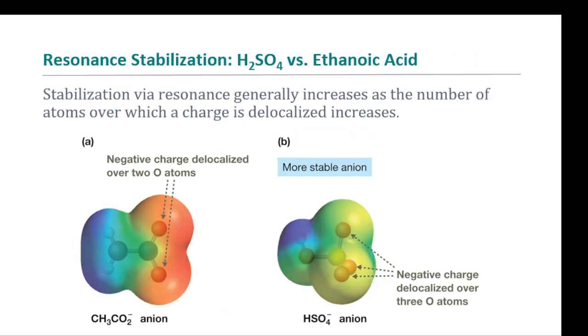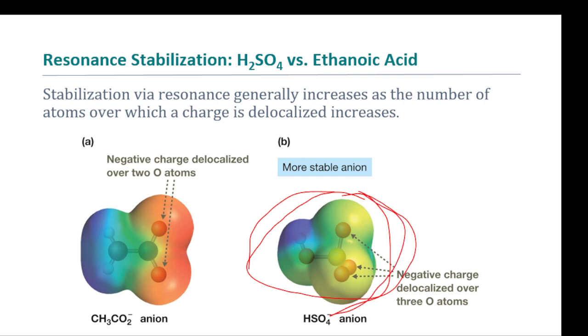And here we see some different examples. Right here we have the HSO4 minus anion. Does anybody know what this is when it has all its hydrogens on it? It's sulfuric acid. Sulfuric acid is a strong acid. It's one of the 7 strong acids. This is why sulfuric acid is so strong: it will share that negative charge among those 3 oxygens in several resonance structures.